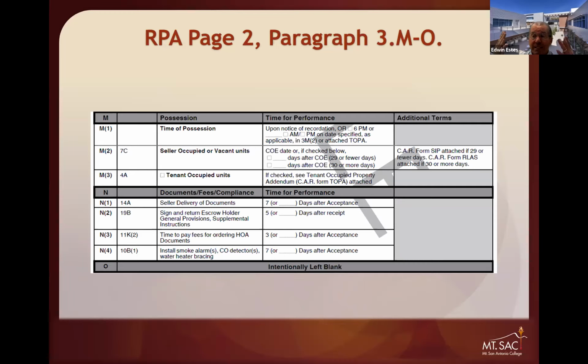CAR acknowledged that it is difficult to get tenants out of properties, even though on most rent control ordinances, a valid claim to get a tenant out is going out of business, which is what the seller is doing, selling the property, or occupancy by the owner, which is what the buyer is going to be doing when they buy the property. It's still hard to get tenants out. So CAR came on the side of the seller here, not on the buyer, and that's how that TOPA is worded.